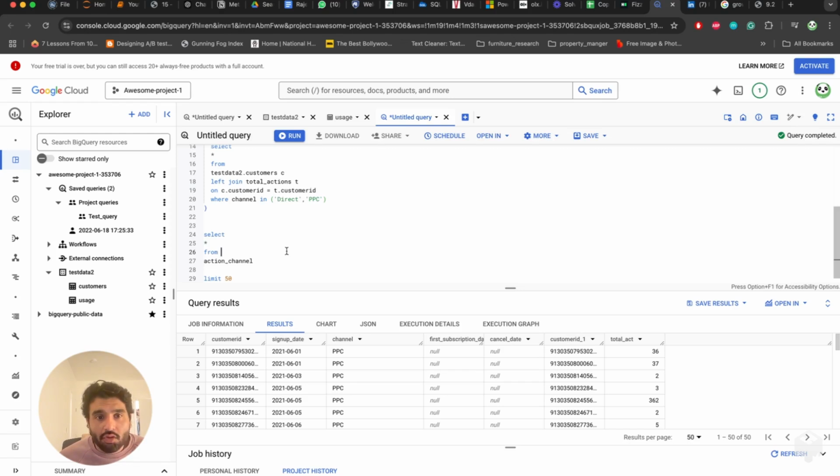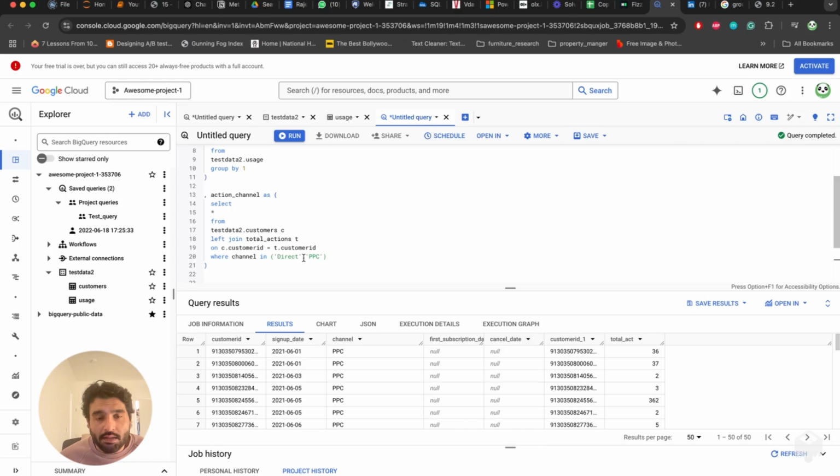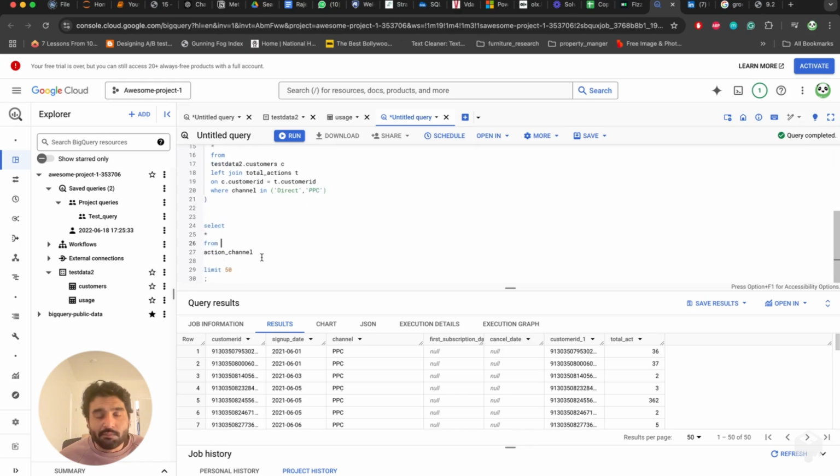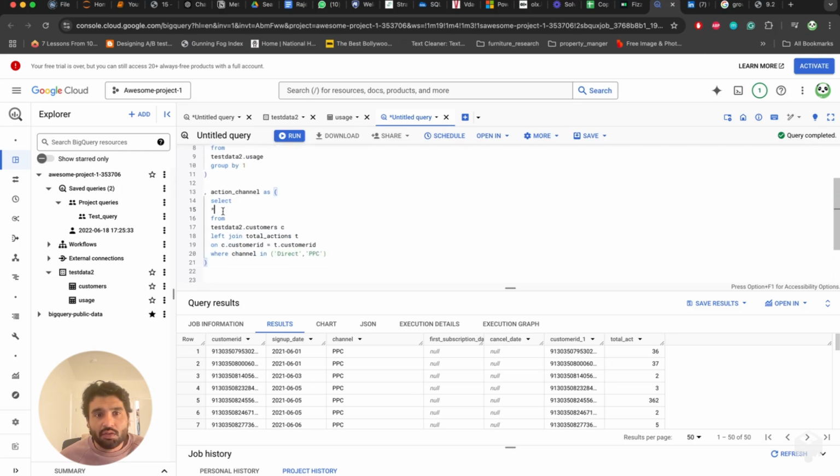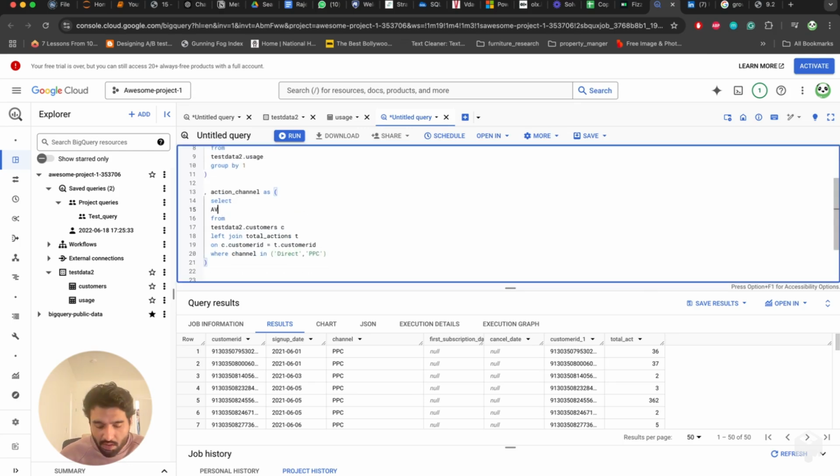So right now my job is to compare direct and PPC separately. First of all, what are we trying to compare? The average actions taken by customer, so we need to calculate that metric. Average of which column? Total act.